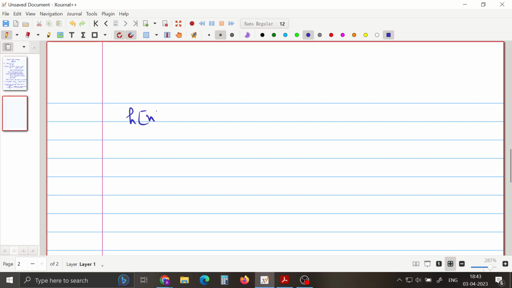Again I'm writing the condition here. This is what we need to check for linear phase. First we are checking for n equals 7.